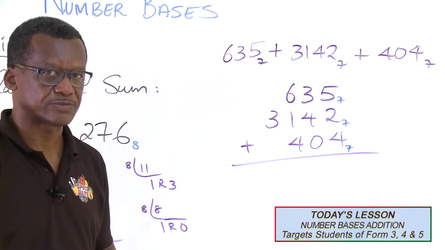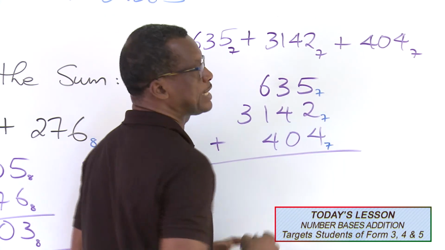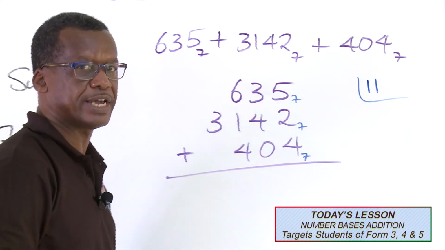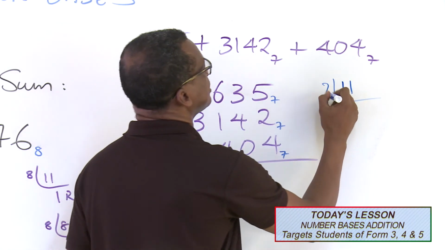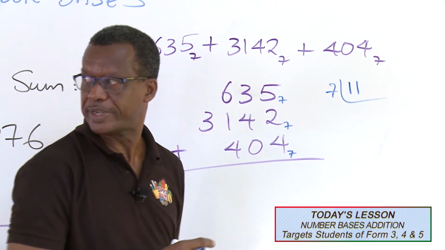So let's add. We add as normal. 5 plus 2 are 7. 7 plus 4 is 11. So we now have to divide the 11 by the base we're working in, that's 7. 7 into 11 goes one group of 7 and a remainder of 4.